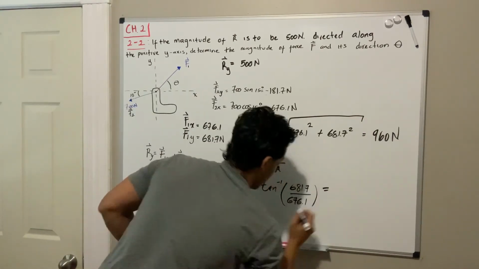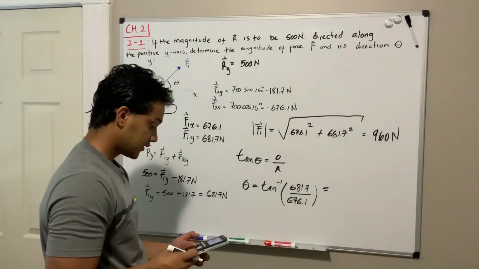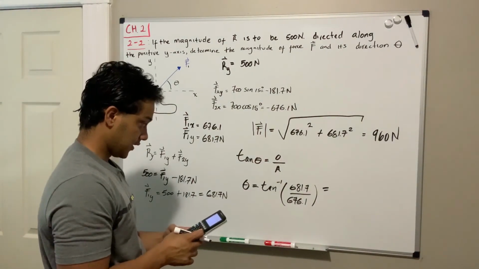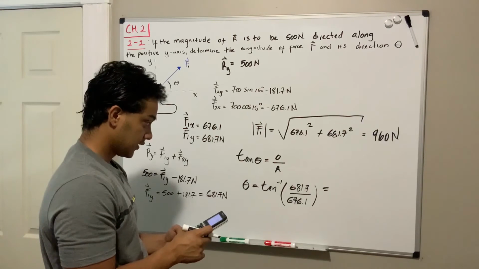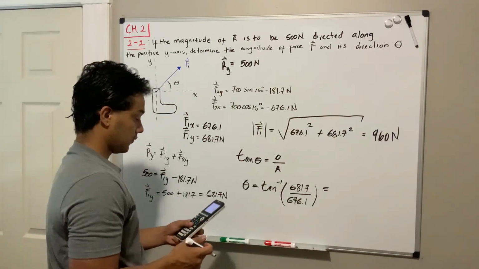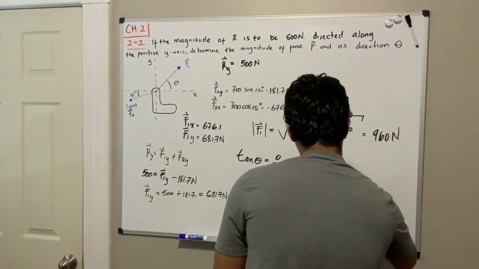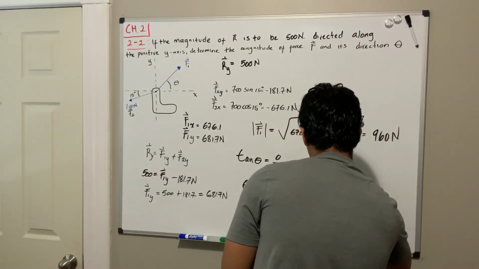Using the calculator, inverse tangent of 681.7 divided by 676.1 gives us 45 degrees.